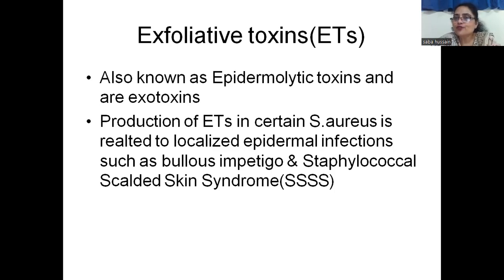Then exfoliative toxins, ETs, also known as epidermolytic toxins, are exotoxins. Remember that Staphylococcus secretes both kinds of toxins, exotoxins as well as enterotoxins. ETs are expressed in Staphylococcus aureus, and are related to localized epidermal infections such as bullous impetigo and staphylococcal scalded skin syndrome. We will talk about this later.